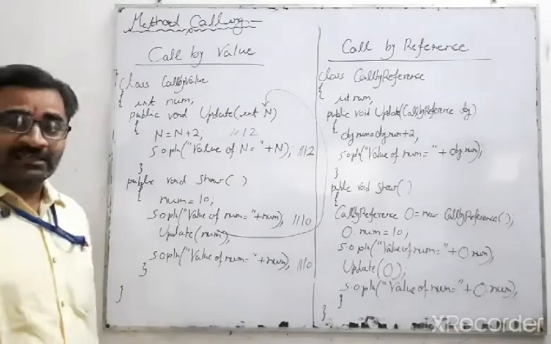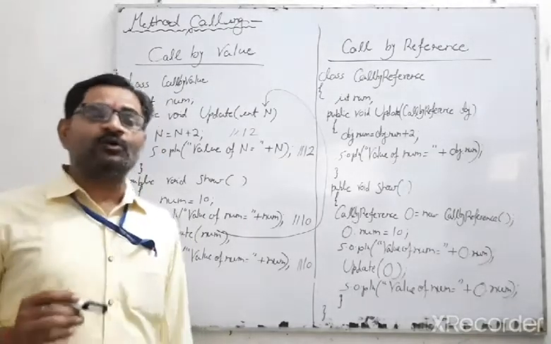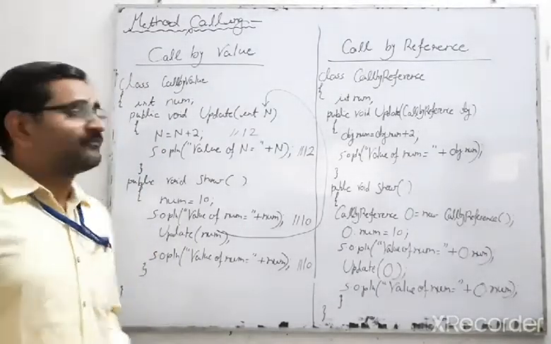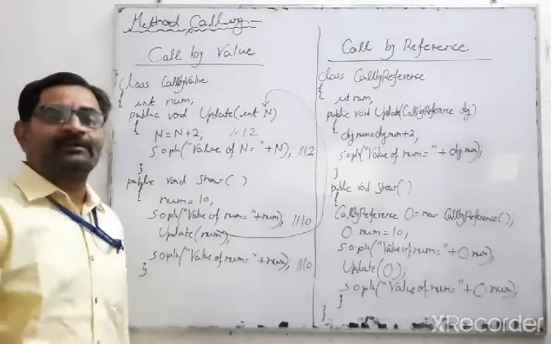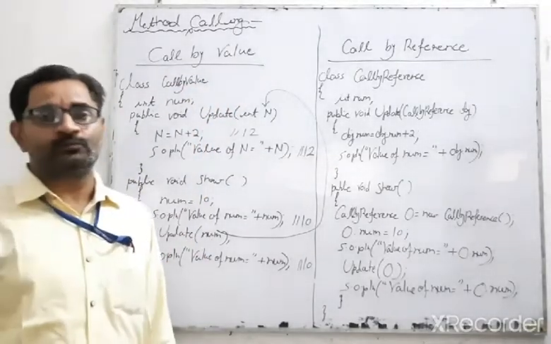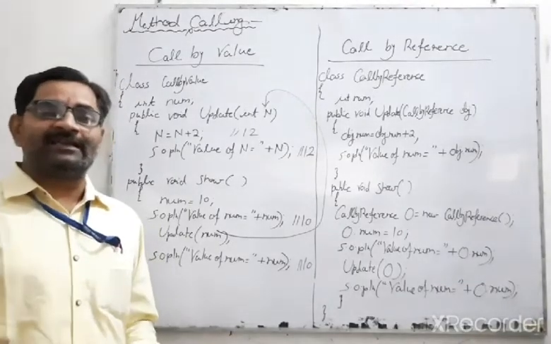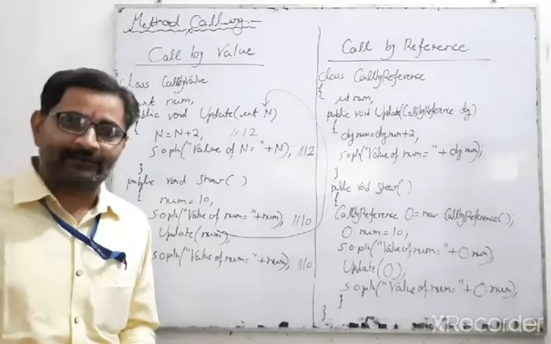And one thing you should also remember: when you call a method by value, we pass a primitive data type value. Primitive data types: integer, float, double, char.